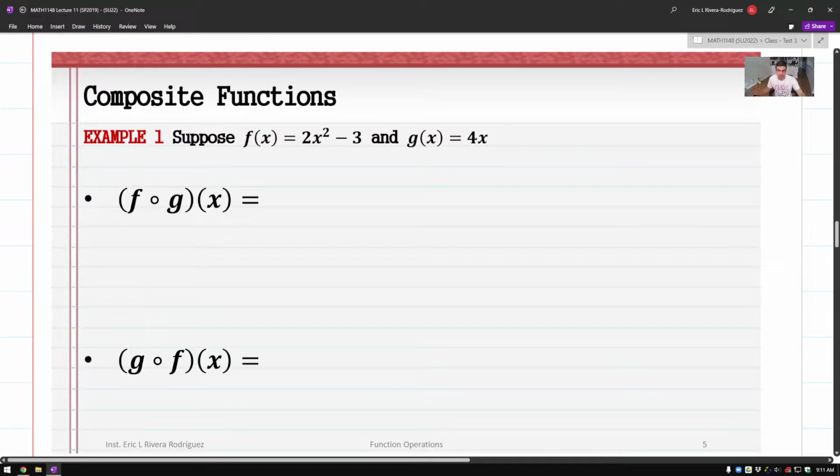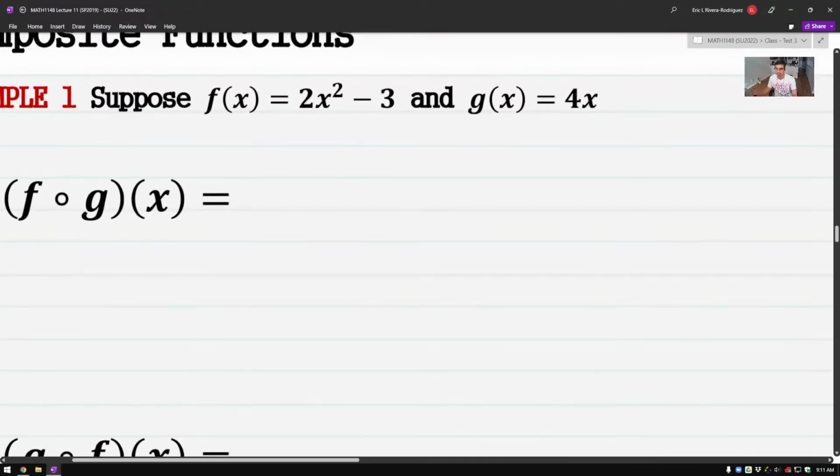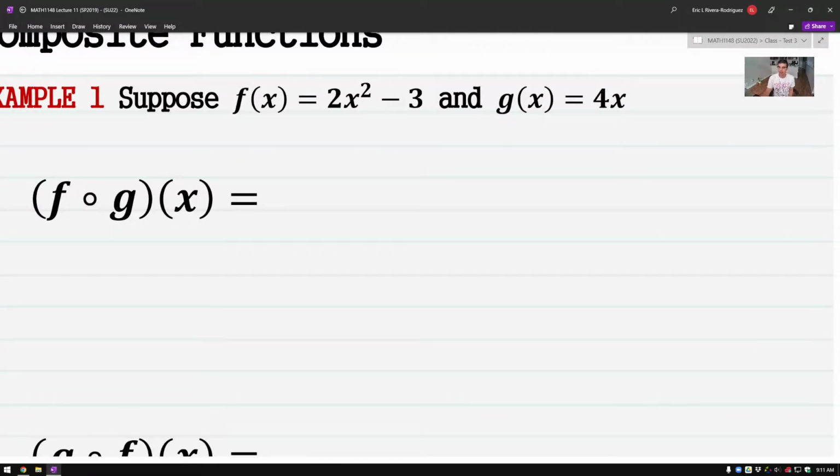Let's do our first example. Okay, so example number 1 is giving us the function f and the function g. And the first composite function that we are going to create is f composition of g of x.